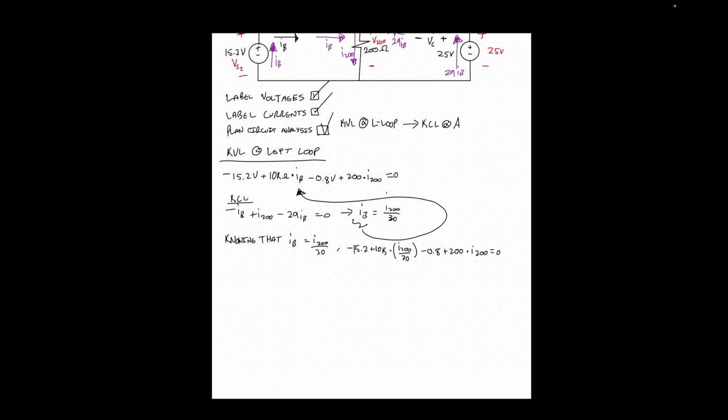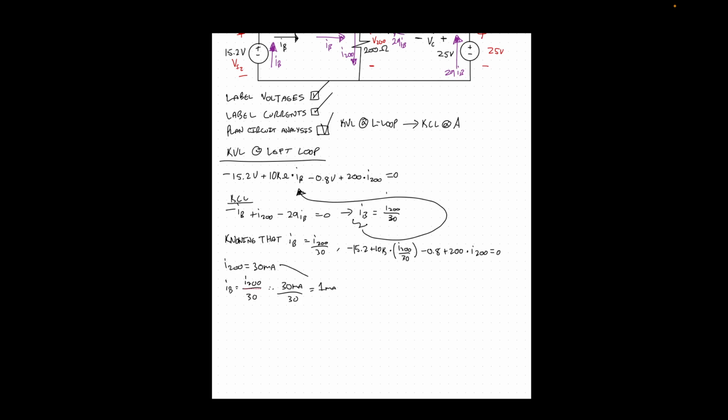My I200 from this will equal 30 milliamp. Likewise, IB, or I beta, whichever you want, is equal to my I200 over 30. Therefore, I have 30 milliamp divided by 30, which equals 1 milliamp.